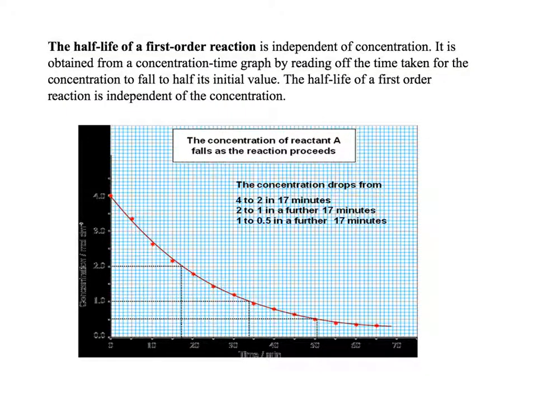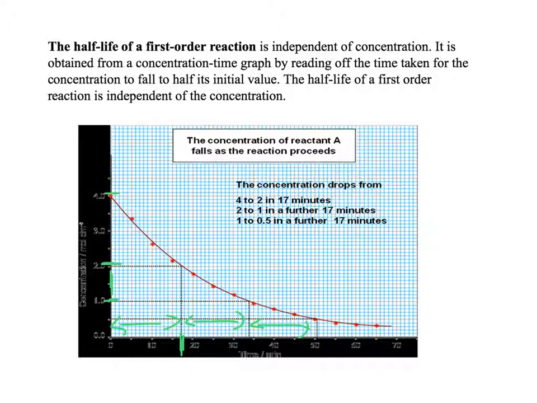Here is the concentration time graph for another reaction. And this is a very special reaction. So I am plotting the concentration of reactant A falling as the reaction proceeds. Hopefully you can see that I've gone from 4 to 2 there, and that is my half-life. Equally, I've gone from 2 to 1 here, and that distance is the same as that distance.